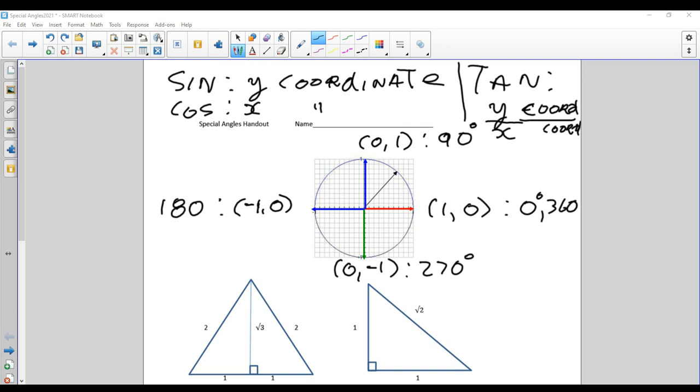Che? Why do you think 0? Yeah, 0 over 1 is 0. Anything that you divide into 0 is still going to be 0. So the tan of 0, let's just make sure the calculator is agreeing with me, is 0.